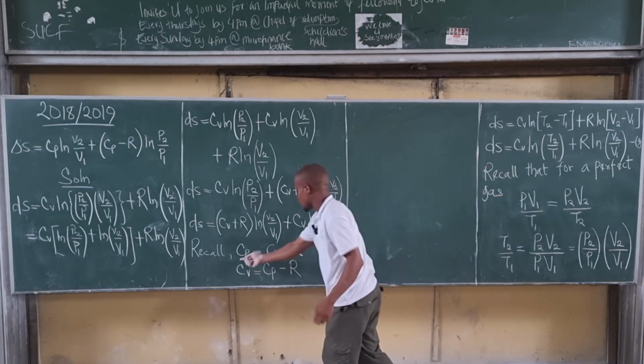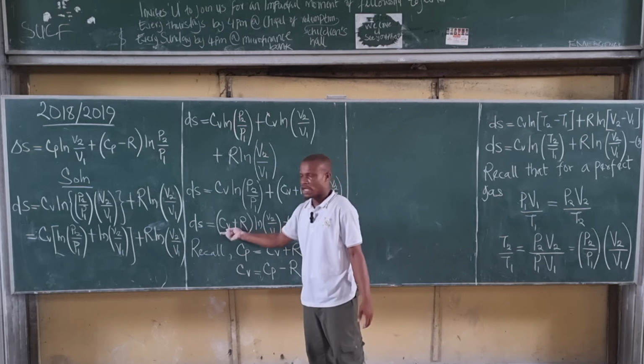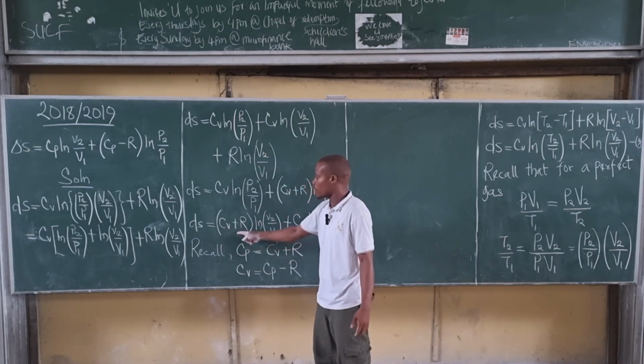So we can see that Cp equals Cv plus R, and from our equation 6 we have Cv plus R, right?